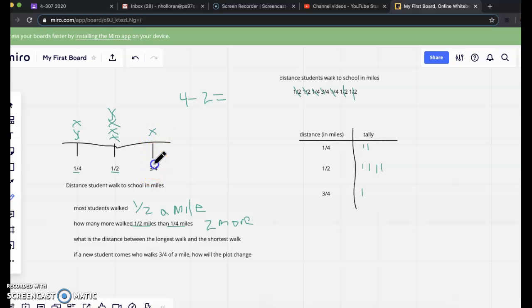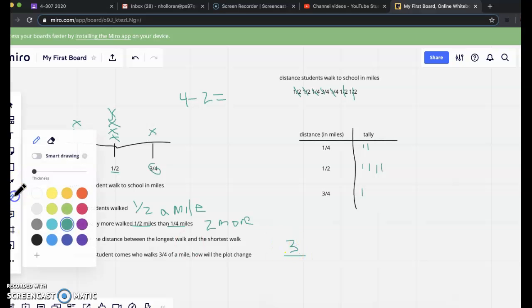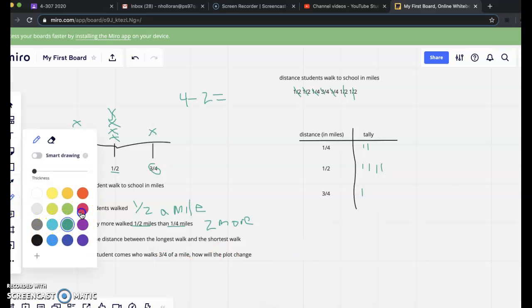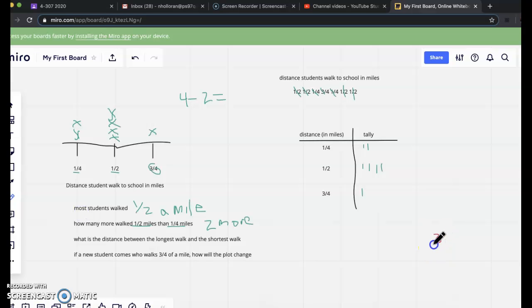What is the distance between the longest walk and the shortest walk? Well, longest walk is 3/4. Actually, I probably shouldn't write it over there because that's where my answer is going to go. I'm actually just going to delete that. I'll write it in pink over here. 3/4 is the longest. What's the difference between the longest walk, which is 3/4, and the shortest walk?